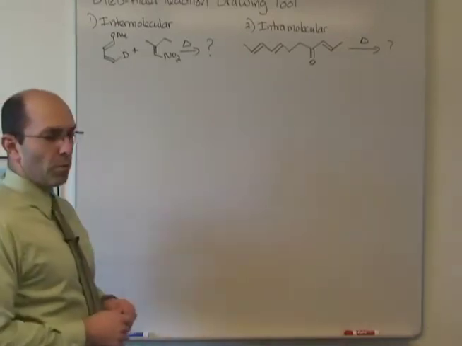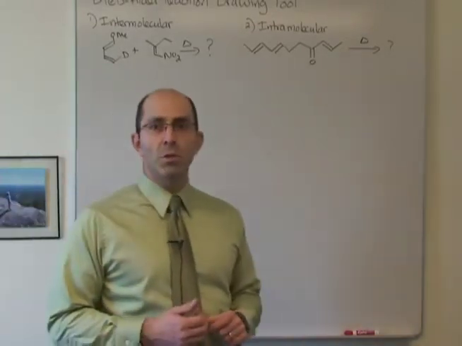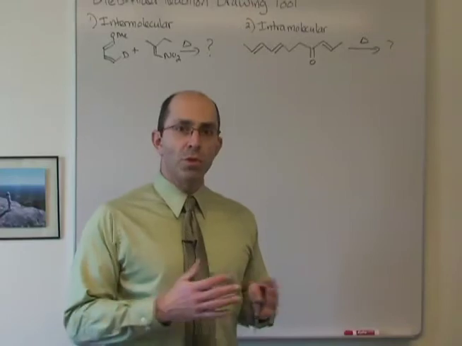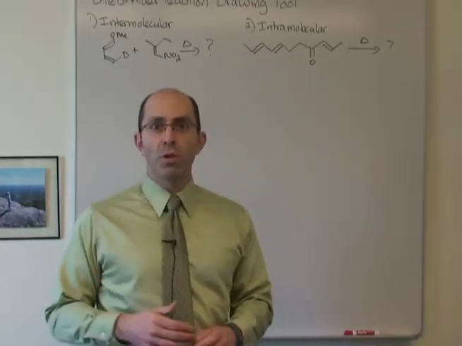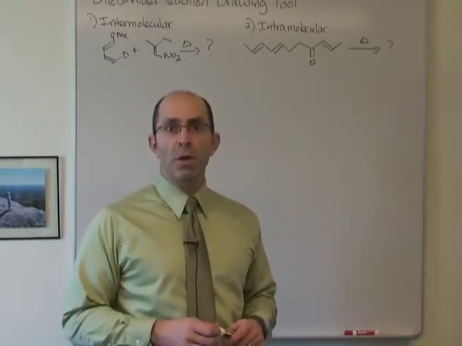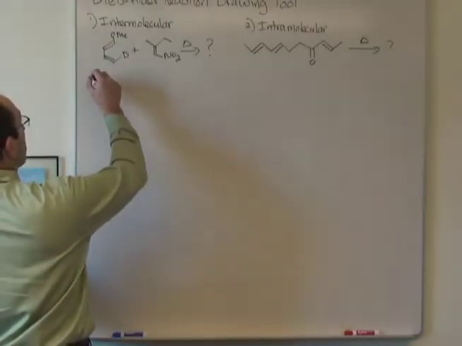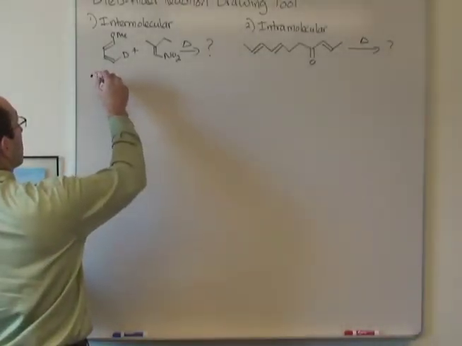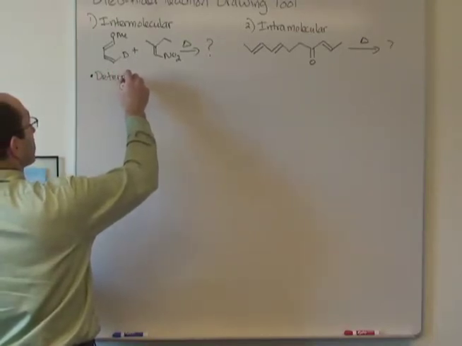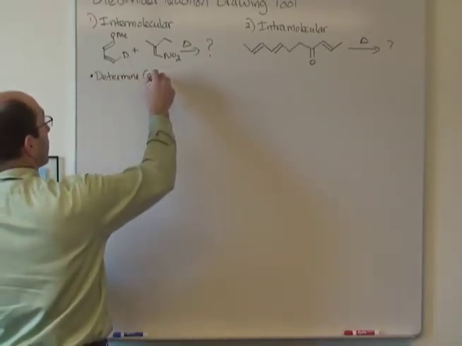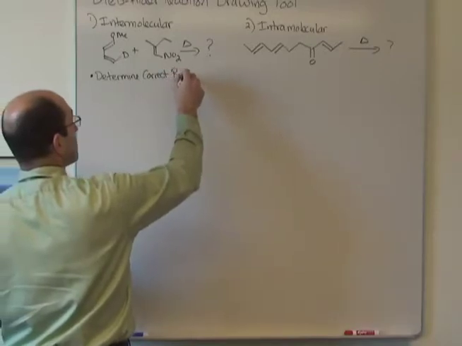And one thing that's really important to recognize when you're using the drawing tool is you always, whether you use the drawing tool or just following the rules, you always have to figure out the regiochemistry of the intermolecular reaction. So first step is to determine the correct regiochemistry.